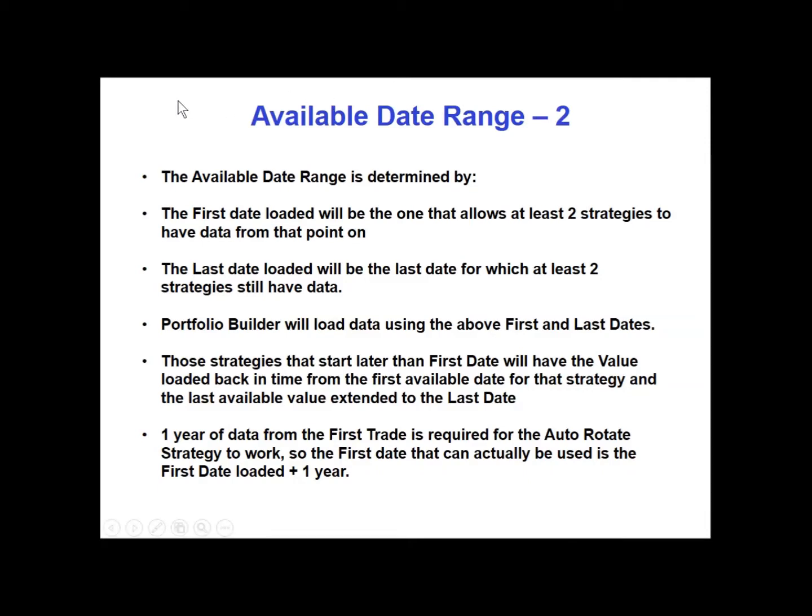So you can load all these various different start dates, but the first date that shows up there is going to be where there's at least 2. The last date loaded will be the last date for which at least 2 strategies still have data. The idea is we're allocating and rotating and using more than one strategy, and it's kind of pointless to do that if there's only one strategy. Okay, so that's how that was determined.